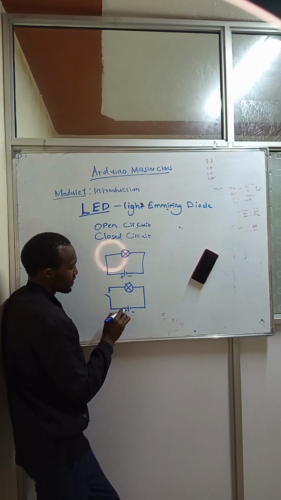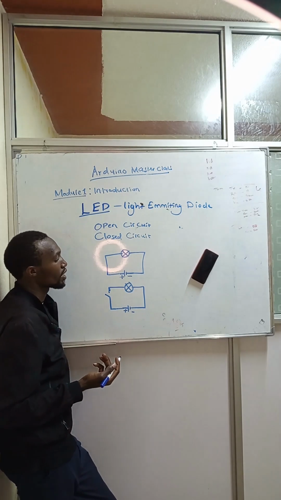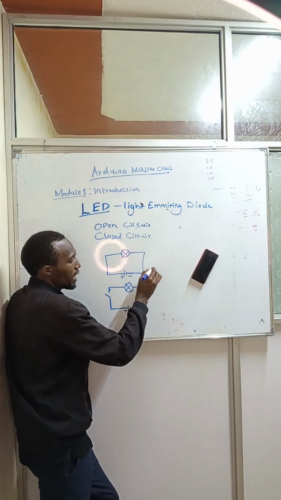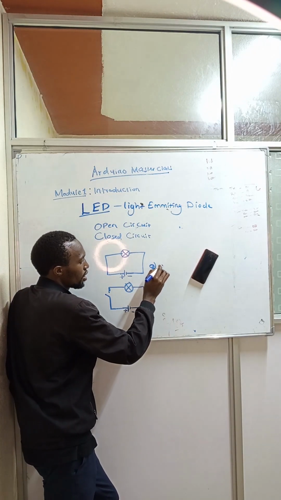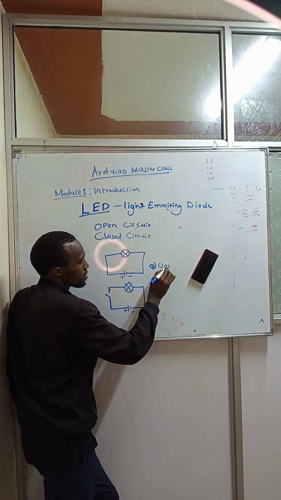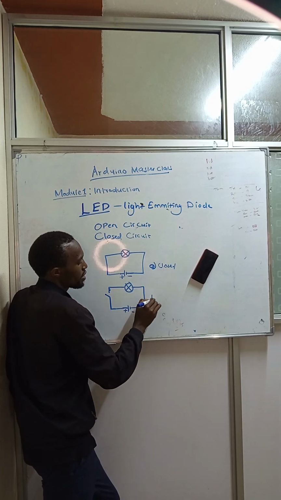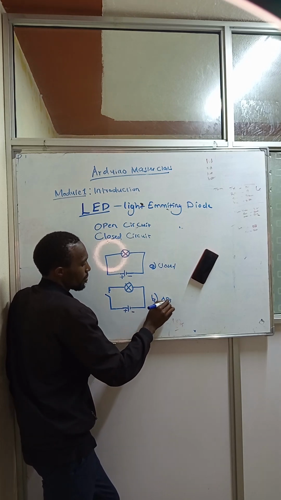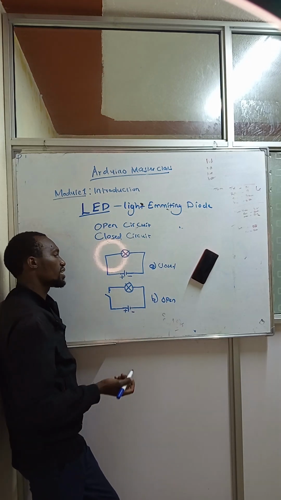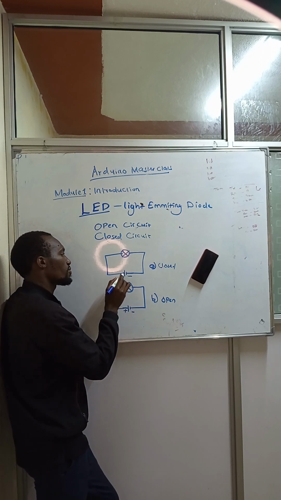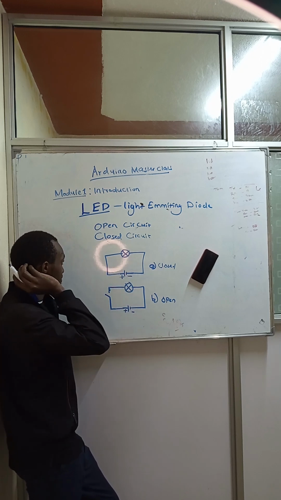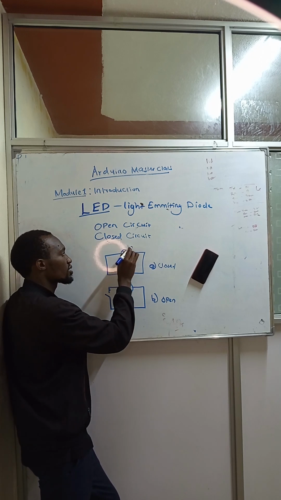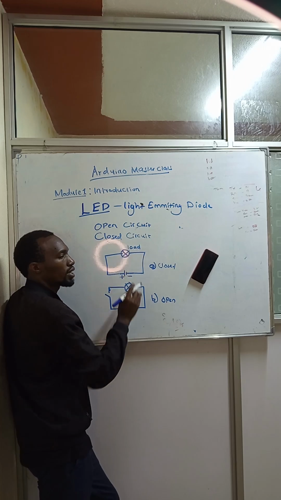Again positive and negative. The longest one is usually the positive. So this one, A, is closed and B is an open circuit. So basically current will flow from the positive to the negative via a load. This is called an electrical load.